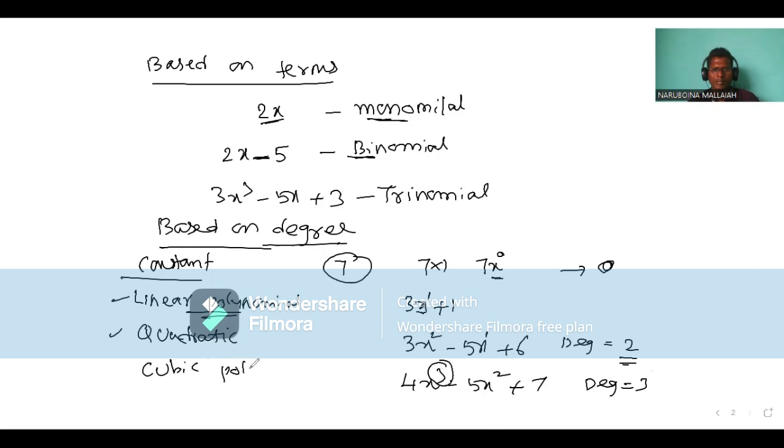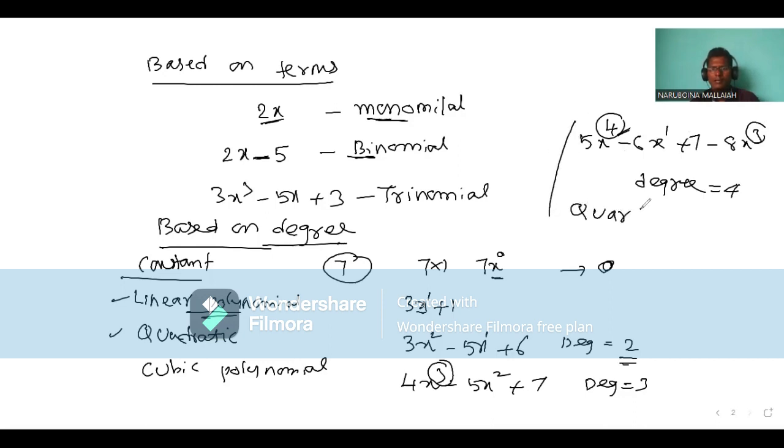If 5x power 4 minus 6x plus 7, minus 8x cubed. Now highest exponent of variable x is 4. Here 4, here 1, here exponent is 3. But the highest exponent is 4. So its degree is 4. This is called quartic polynomial.